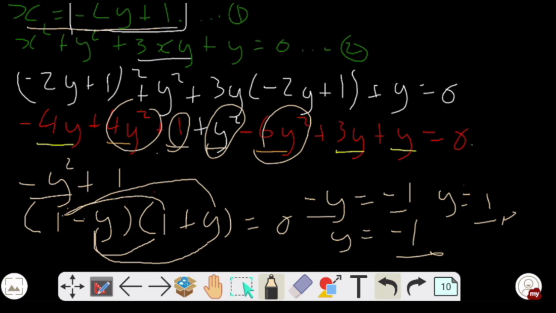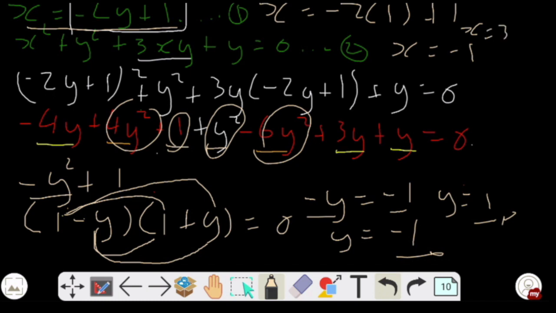Meaning I'm going to have x equals, we start with the 1, plus, meaning your x would equal negative 1, and then if you substitute the negative 1 again here, you will get x as 3.